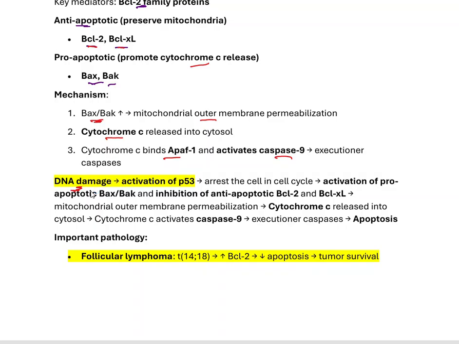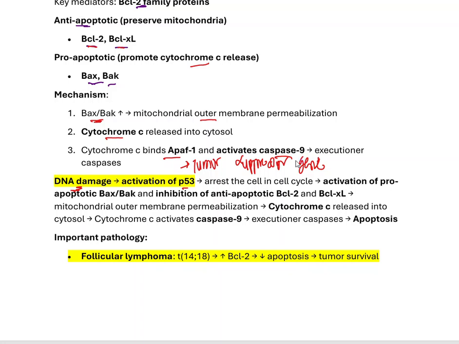If there's damage to the DNA in the cell, guess what p53 is going to do? Remember, p53 is part of the tumor suppressor genes. So what's this p53 going to do? It's going to arrest the cell in the cell cycle. And once it arrests the cell in the cell cycle, it's allowing for repair of the DNA damage, right?